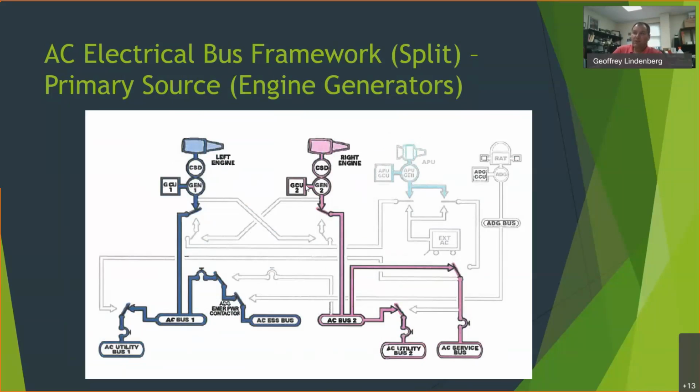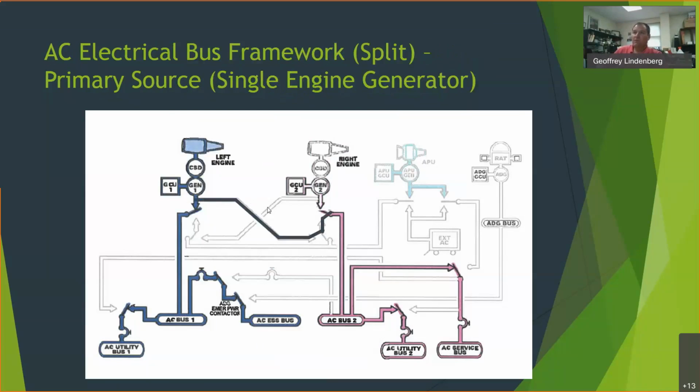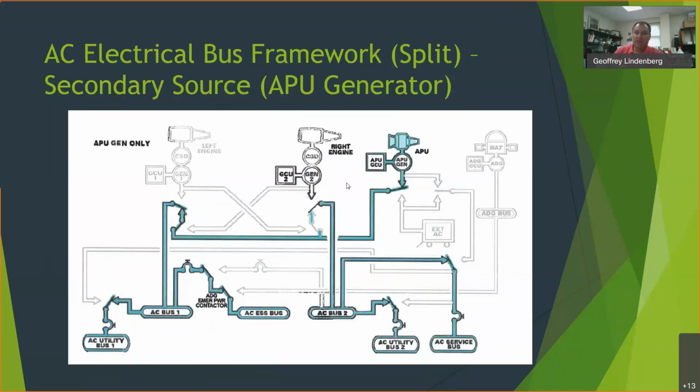The right engine is going to be the same, around 120 volts, 400 hertz, but the frequencies may not be in phase. What that means is, AC is a sine wave. It's going up and down. And when 2 generators are in phase, it means their sine waves are coming up together and down together and up together and down together. When these are separate, because they're not tied together, you may have them out of phase with one another. And it's not a big deal because your items are powered by one or the other.